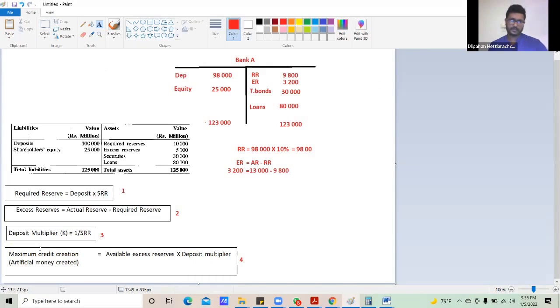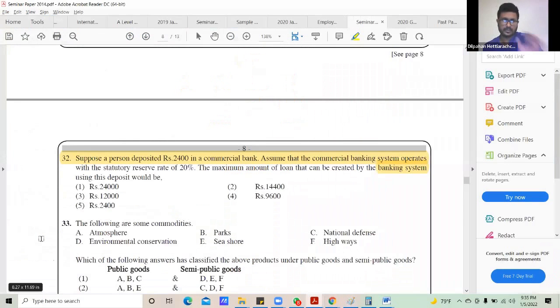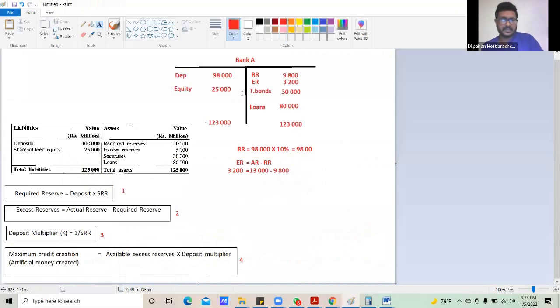So how can we do it? Suppose a person deposited 2,400 in a bank. First of all, we have to calculate the deposit multiplier, the third equation. Just give me a second to erase this.